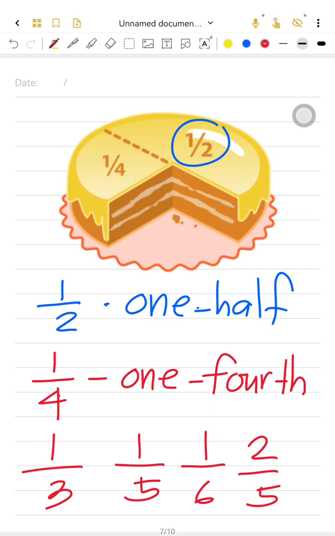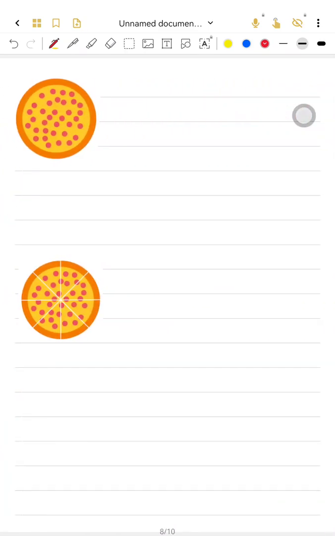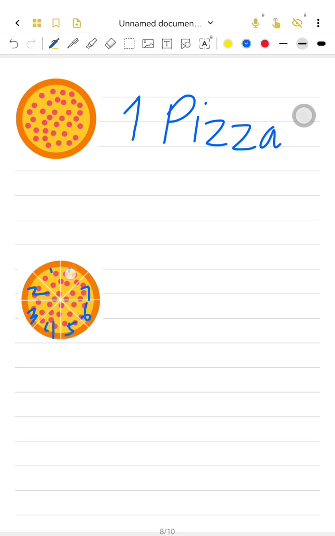So now, to justify that it is part of a whole, example, we have a whole pizza. 1 pizza, I want to share it with my friends. I have 7 friends, including me. We are 8. So I will divide it into 8 slices. So this is 1, 2, 3, 4, 5, 6, 7, 8.